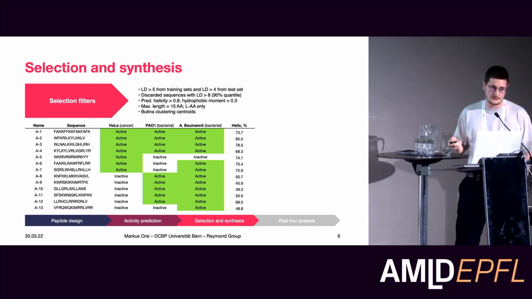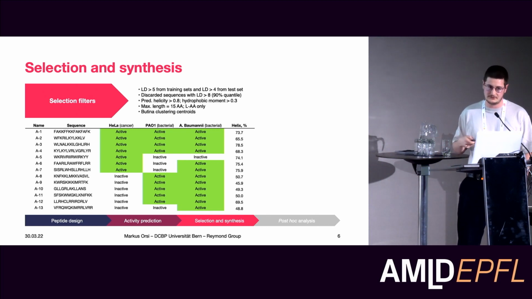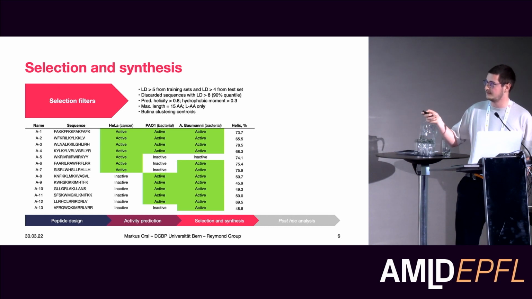But since all of the machine learning models that we used were borrowed from this previous antibacterial project, we also tested our sequences on bacterial cells, and here we also see that most of them are active, even against Acinetobacter baumannii.